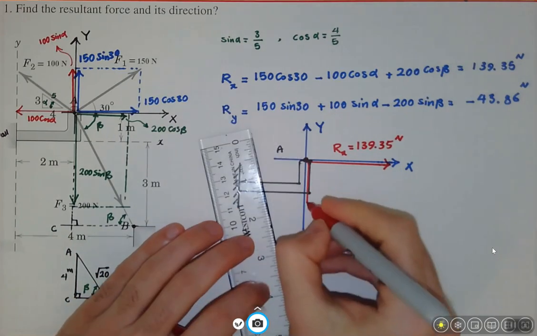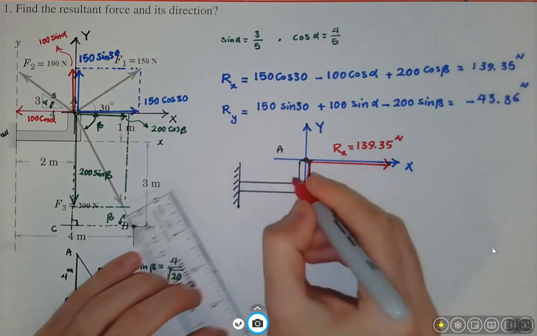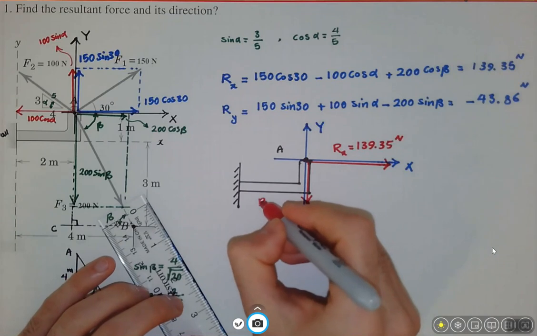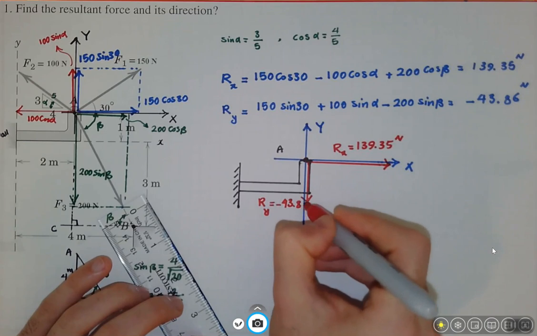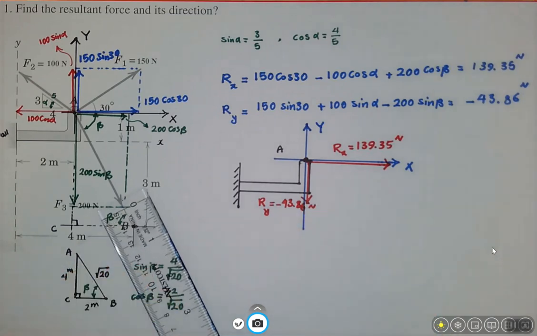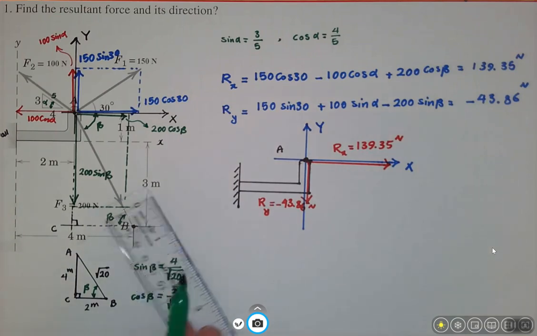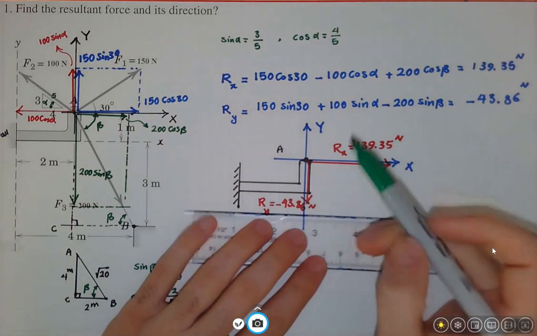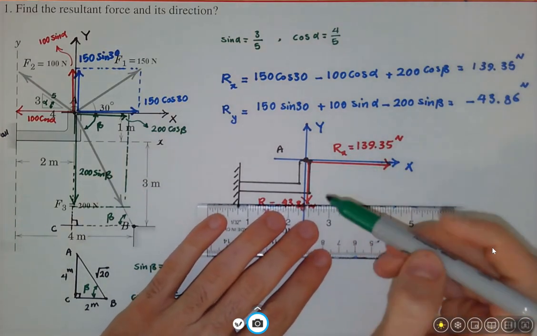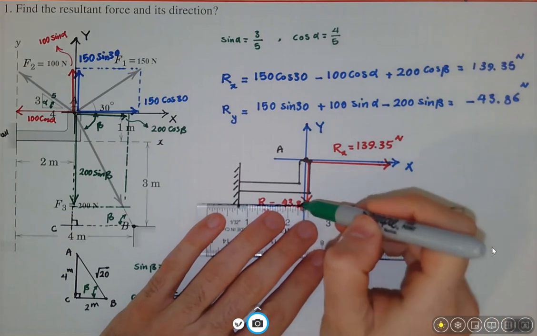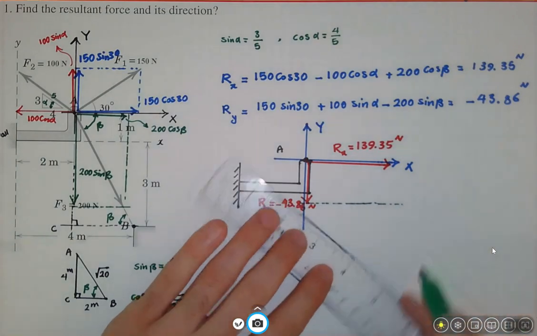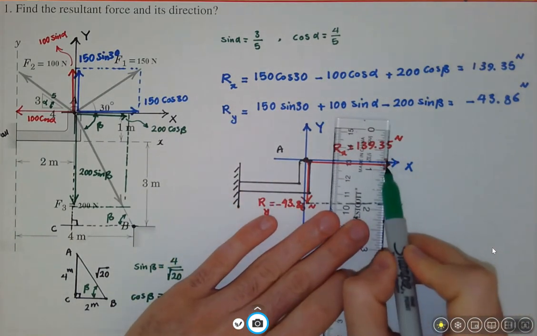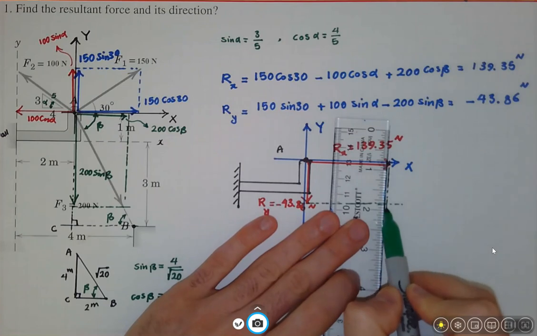So this is Ry, which is minus 43.86 Newton. So if I want the total load, all I need to do is to find the sum of these two loads, or these two vectors, which we learned how to do, right?